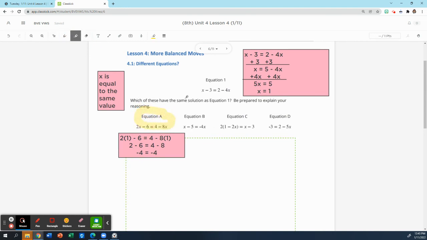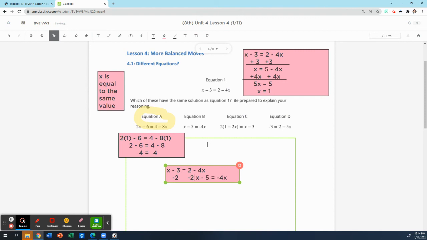and equation A has the same solution as equation 1. Now, another way you could think of this is, can you change the original equation, x minus 3 is equal to 2 minus 4x, to look exactly the same as the new equation? So for example, in equation B, if I simply subtracted 2 from both sides of my original equation, I would end up with x minus 5 is equal to negative 4x.